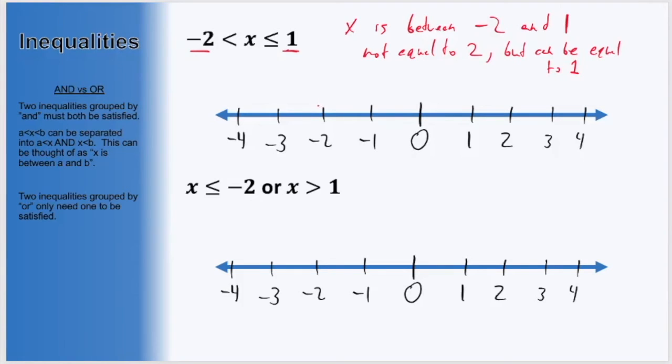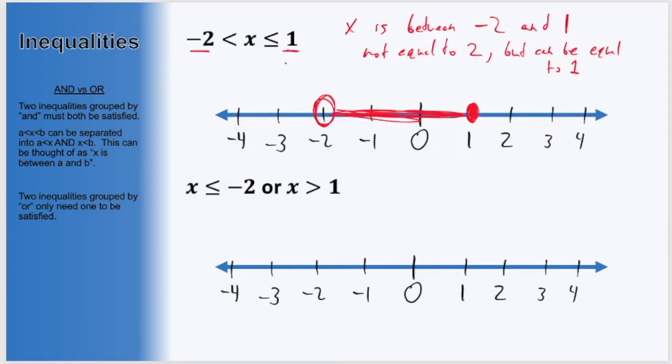X won't be equal to -2, so we'll put an open circle there at -2, but it can be equal to 1, so we will put a filled circle at 1. Then we want all the numbers between these two points. So we'll shade between these circles we've put on our number line. This is the range of numbers that x is allowed to be from our inequality.